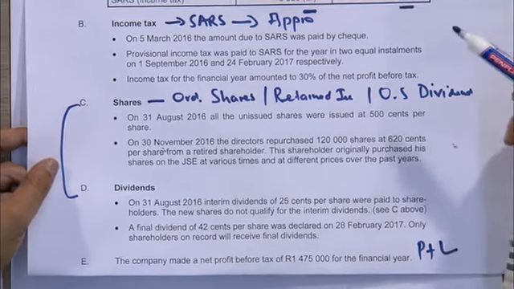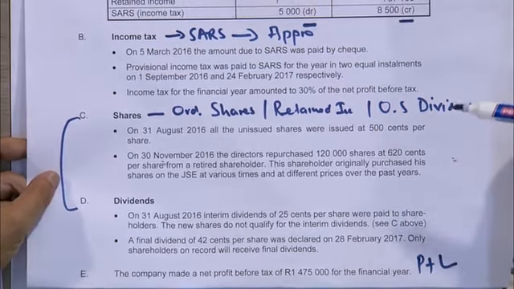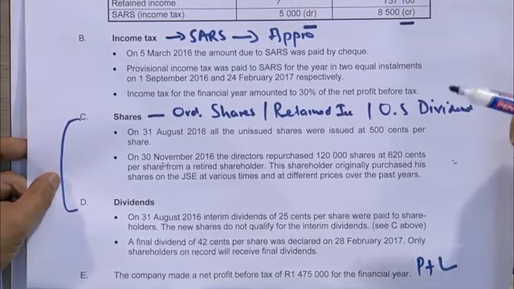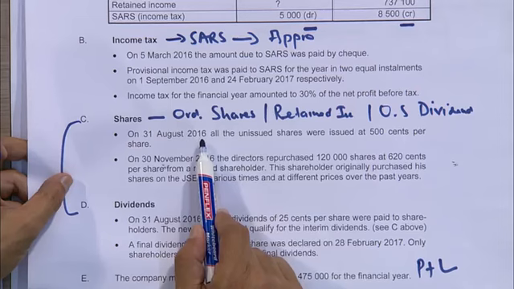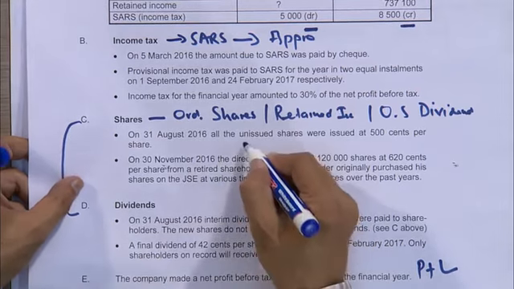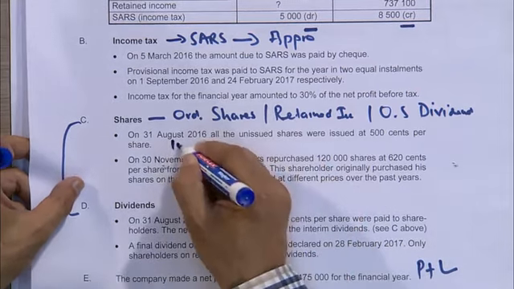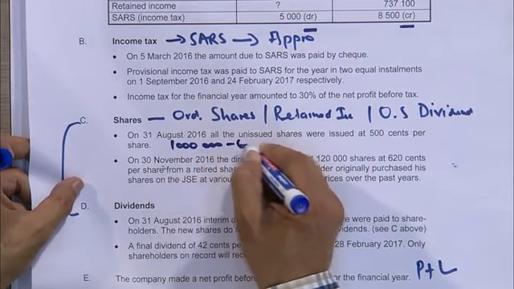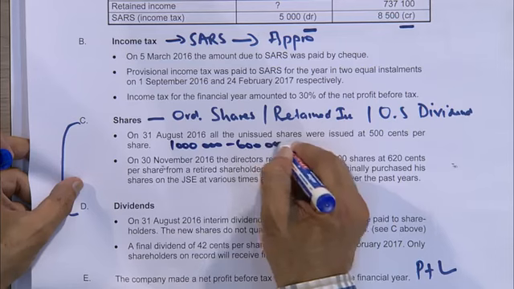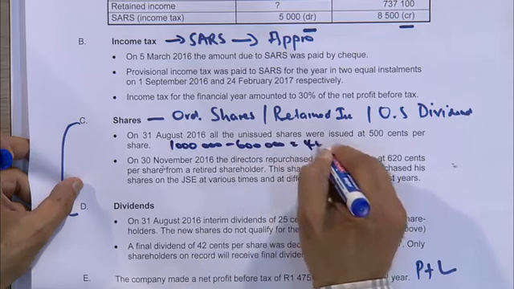I remember we started with 600,000 ordinary shares and they were authorized to issue 1 million. Now it says on the 31st of August, all the unissued shares, in other words, the 1 million minus the 600,000 equals 400,000.